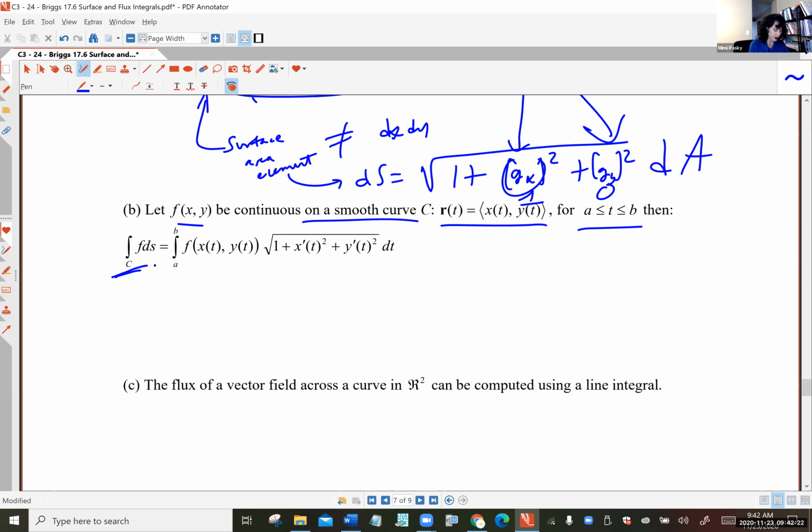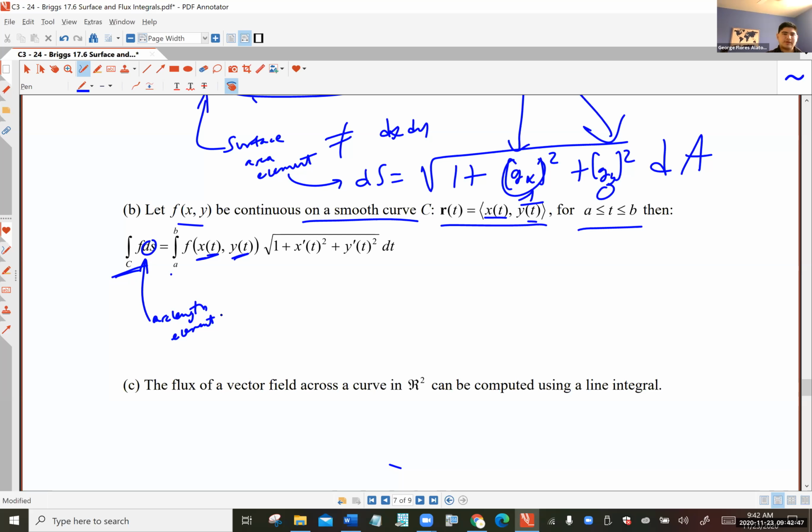Then this line integral would be converted to a regular integral where you go a to b, and then you replace the x's and y's in your function with the x(t), y(t) from the vector valued function. That looks good. And then your little ds, which is the arc length element, looks like they're replacing with a radical. Is this correct?